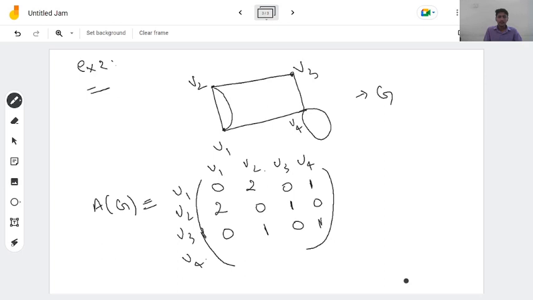Between V4 and V1, we have only one edge, and between V4 and V2, we don't have any edge. Between V4 and V3, we only have one edge, and between V4 and V4, we have two edges. Remember, a loop is always counted twice. This is one edge E1 and this is another edge E2. So this is our adjacency matrix for this graph G.